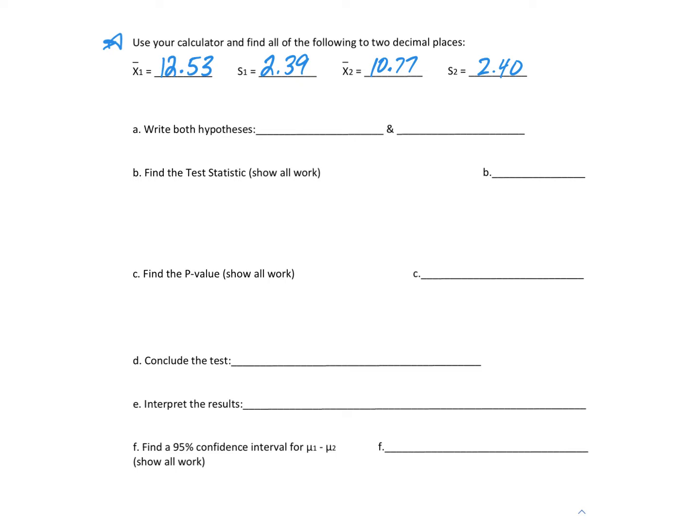Now, our hypotheses. Every single null hypothesis in 10.2 is mu1 is equal to mu2. You're going to assume that the two population means are equal. Now, if they're not equal, this is what your claim is. The alternate hypothesis always has to have mu1 first and mu2 second.